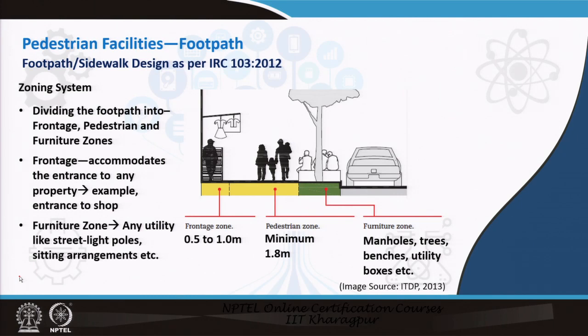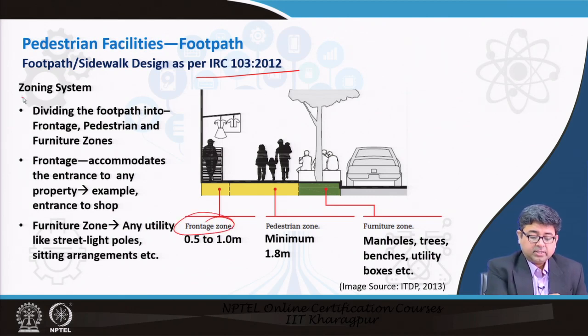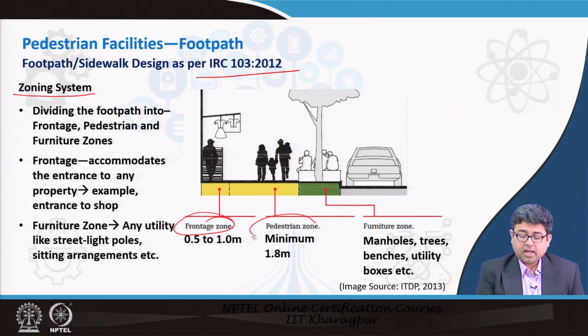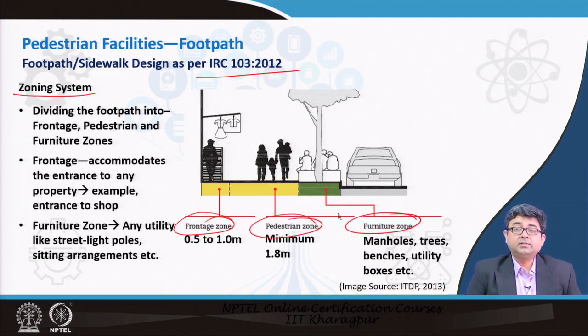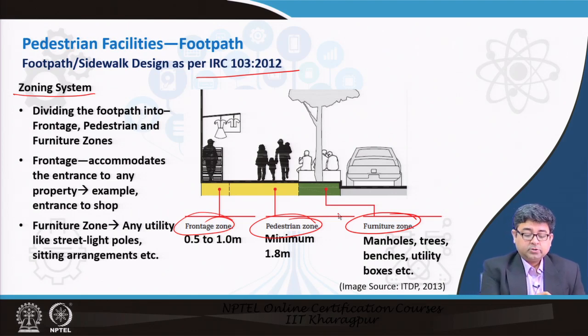So, what IRC 103 tells us is that pedestrian design should be as per different zones. So, there is a zoning system that helps us design good pedestrian infrastructure. So, what is this zoning system? The zoning system tells us that as a sidewalk, for example, this is the entire sidewalk.